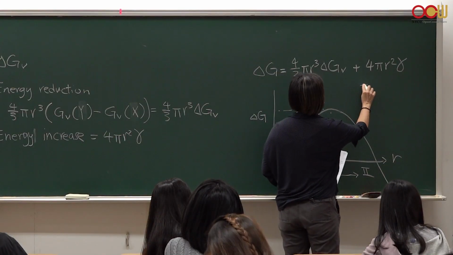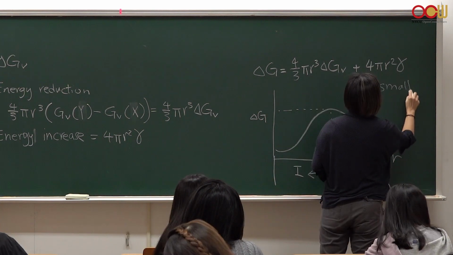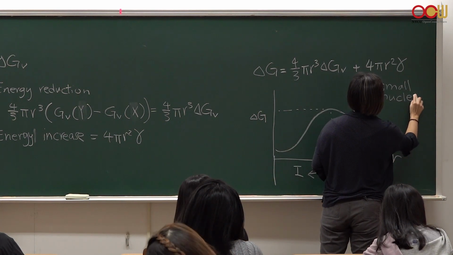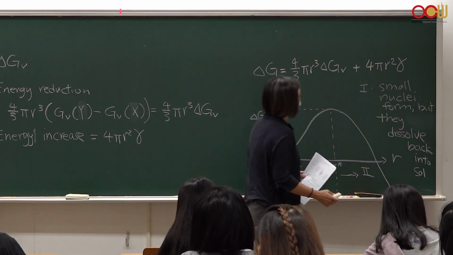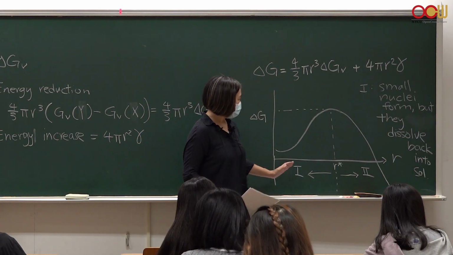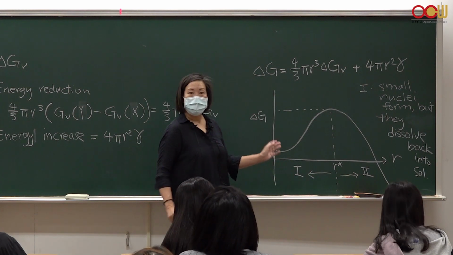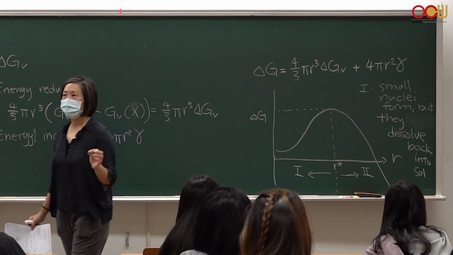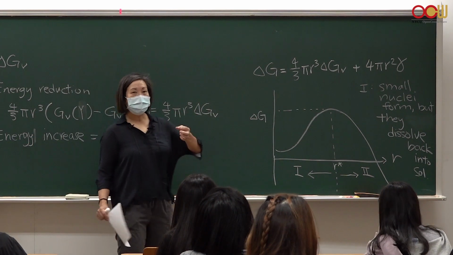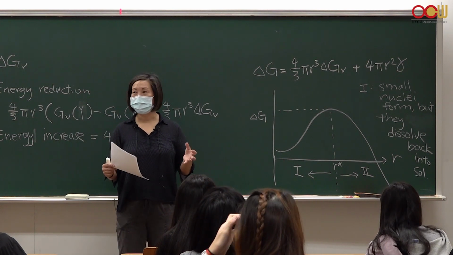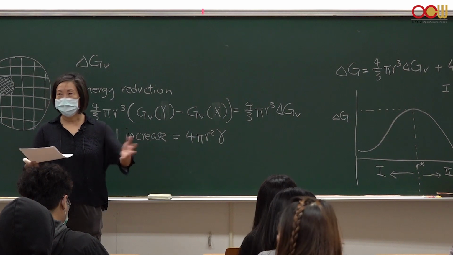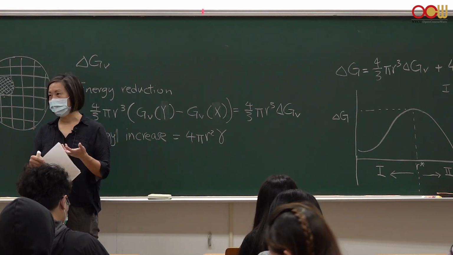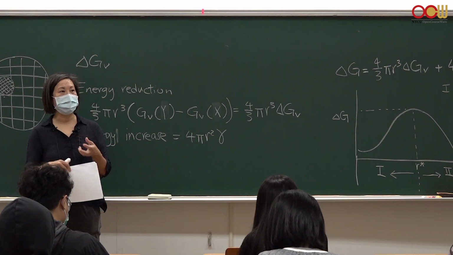So under area 1, you have small nuclei that form. In area 1, nuclei that form that are less than the critical radius will form. The reason why nuclei form is usually because of thermal energy, right? Atoms are moving around, they happen to get together, bump into each other, form a new phase.